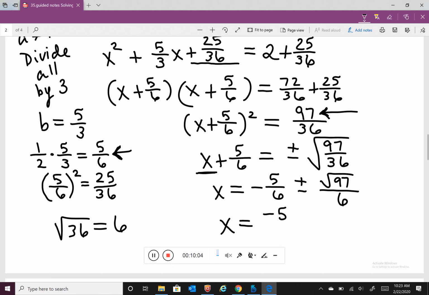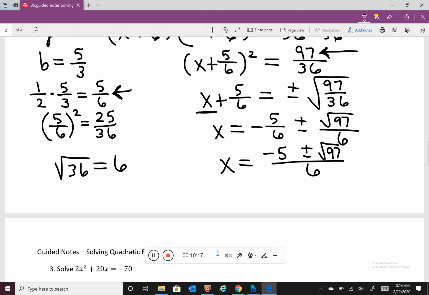So we have negative 5 plus or minus the square root of 97 all over 6. And because 97 is positive but not a perfect square, that means our solutions are real. Real because 97 is positive, but irrational because 97 is not a perfect square. So our solutions are real but irrational.